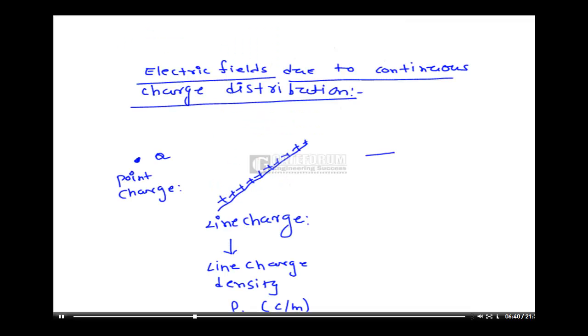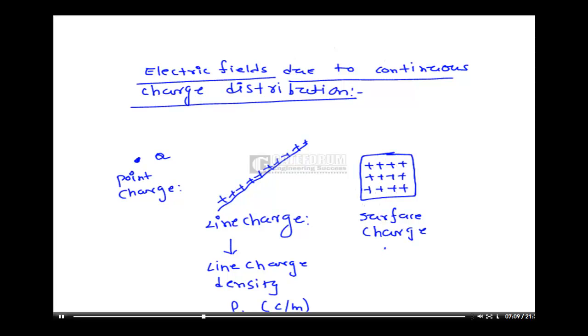Similarly, surface charge. Suppose this is a closed line; a closed line is nothing but a surface, an open surface. Suppose a charge is distributed along the surface. Then what is the electric field intensity due to this sheet? This is called surface charge.